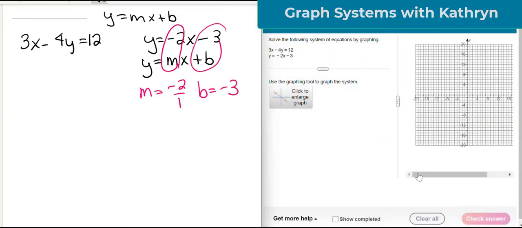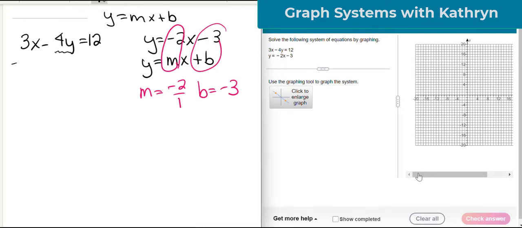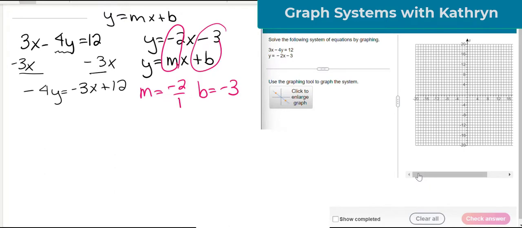So let's look at the second one. We need to get y by itself. So I'm going to subtract 3x from both sides. So I have -4y equals -3x plus 12. Great. But I need y by itself. So I'm going to have to divide everything by -4.